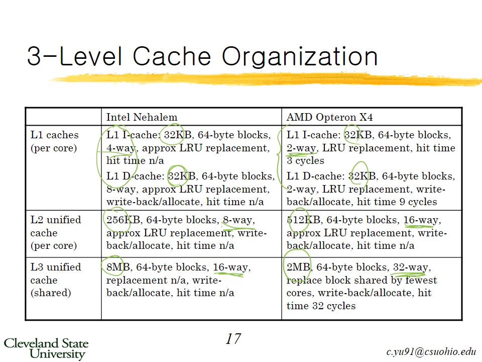And they use 4-way, 8-way, and 16-way set associative caches. In the case of the AMD CPU, level 1 has the I cache and D cache separated, 32K bytes, using 2-way set associative cache. Level 2 is 512K bytes, 16-way. Level 3 is 2 megabytes, 32-way.